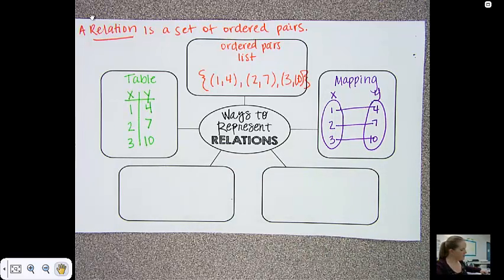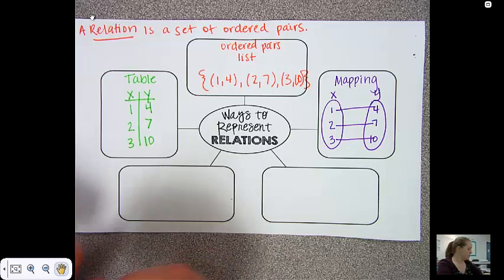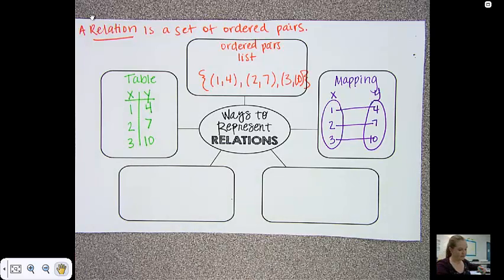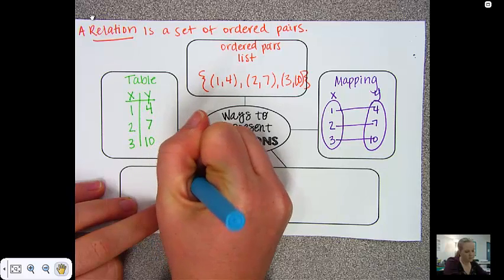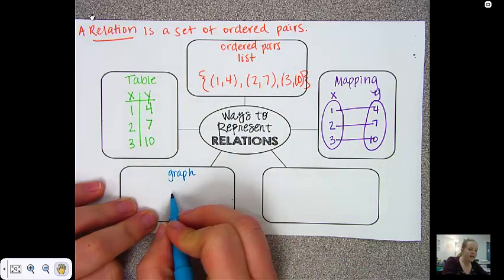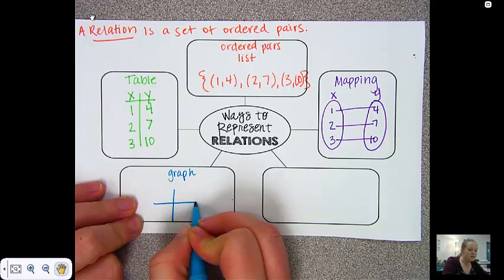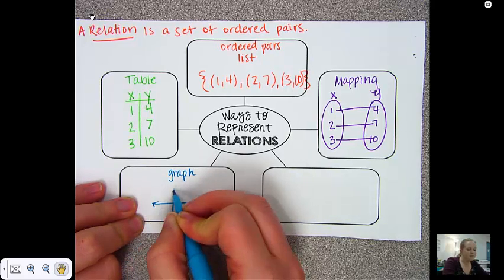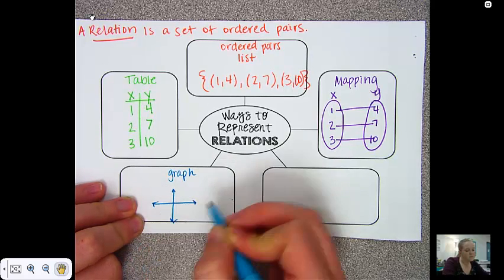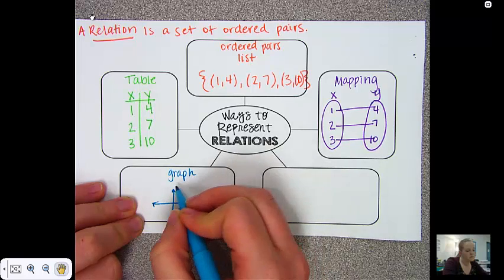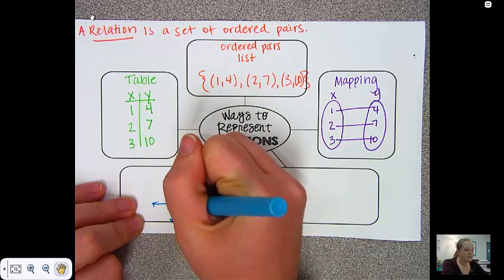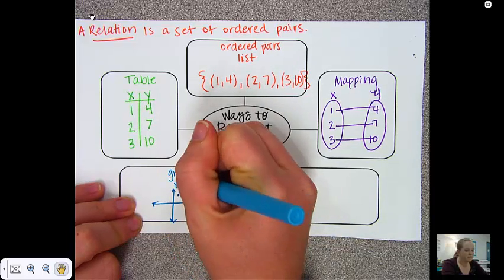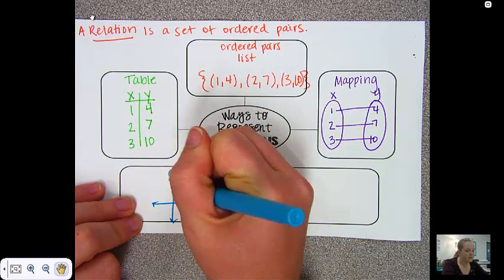All right, the next way is with a graph. We can show ordered pairs on a coordinate plane. So 1, 4 would be about here, 2, 7, 3, 10. So we have graphs.